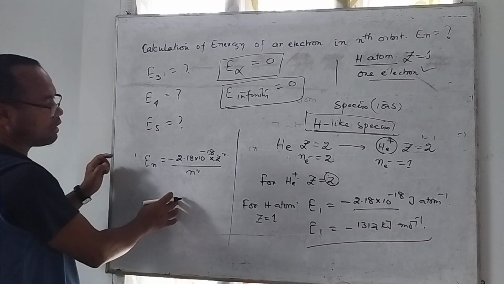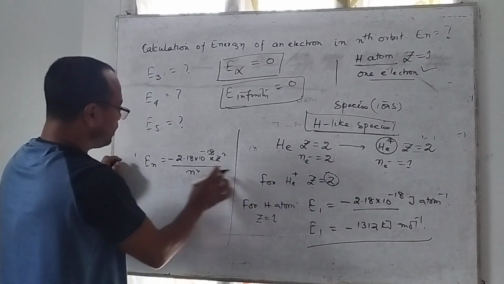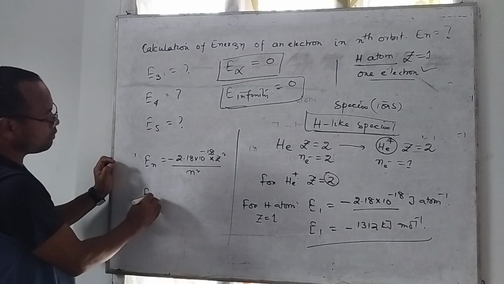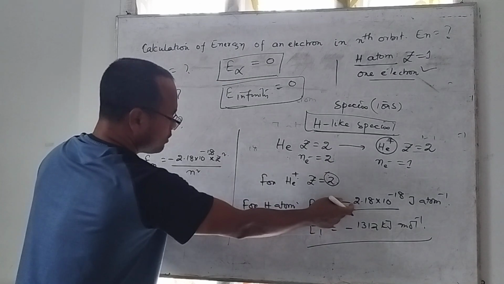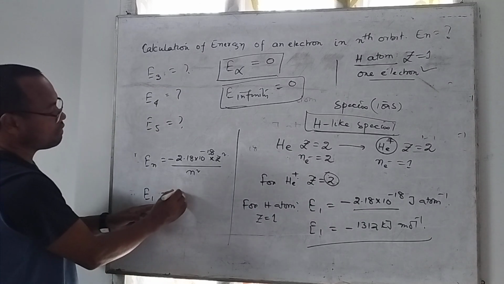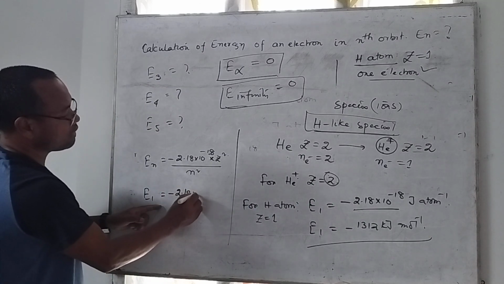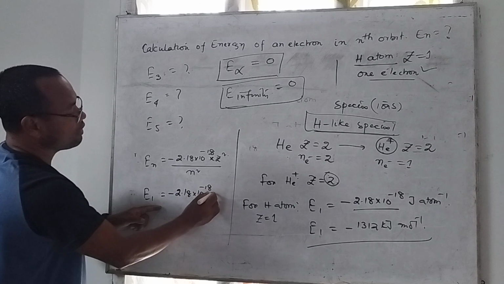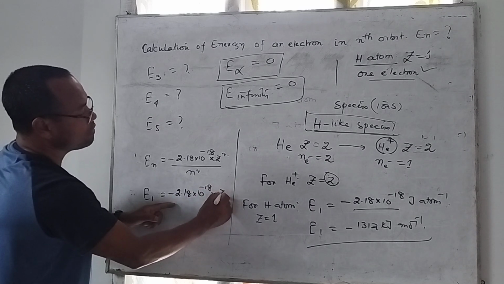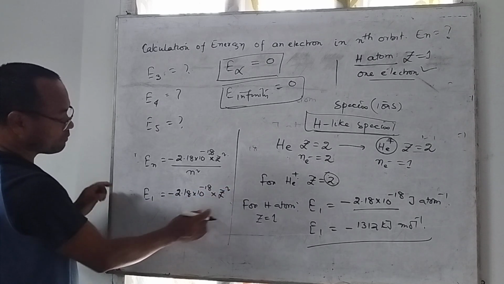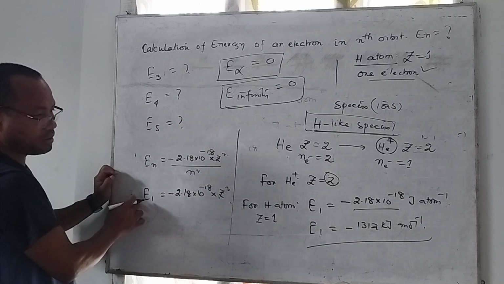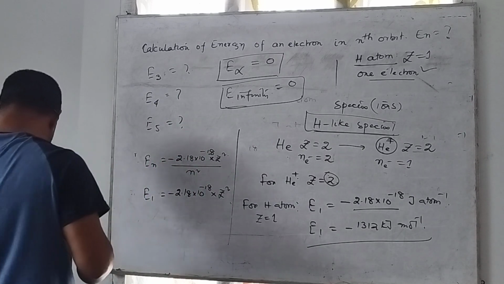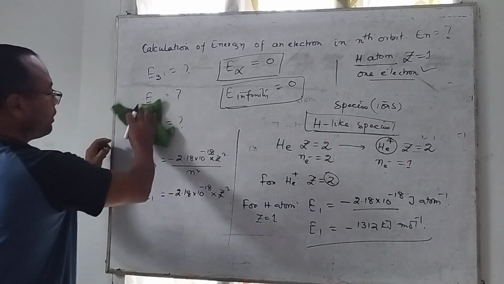So when we calculate the first E1 for hydrogen, that is minus 2.18 into 10 to the power minus 18. We multiply by Z square. That means when Z increases, this E1 also will increase.